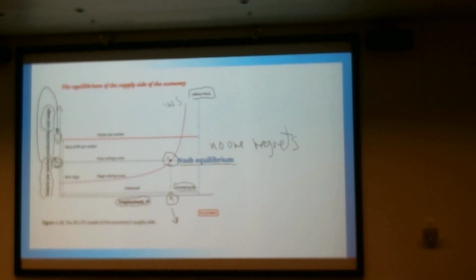We also started talking about how this is the equilibrium, but it's an equilibrium in the long run. In the short run, you can have business cycles, so the actual employment could be higher or lower than this.